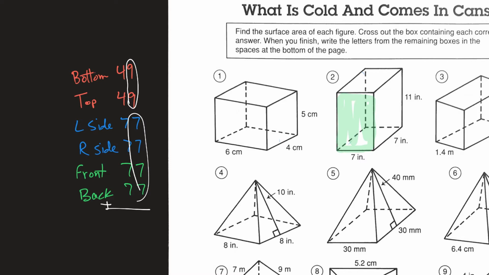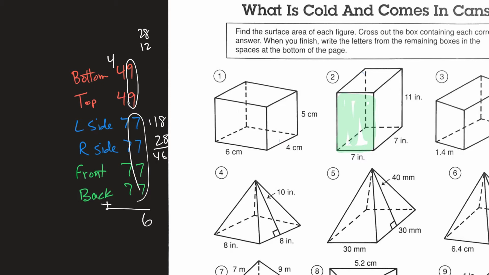Then 7 times 4 again is 28 plus 12. So 28.